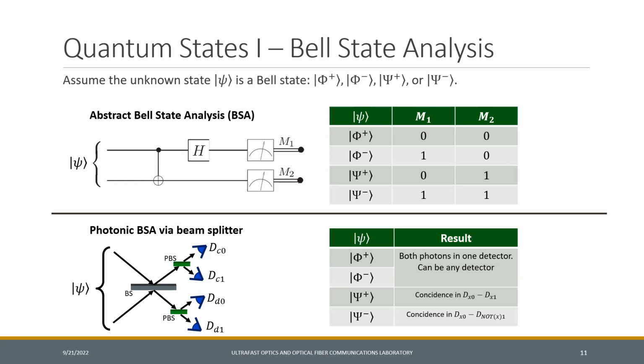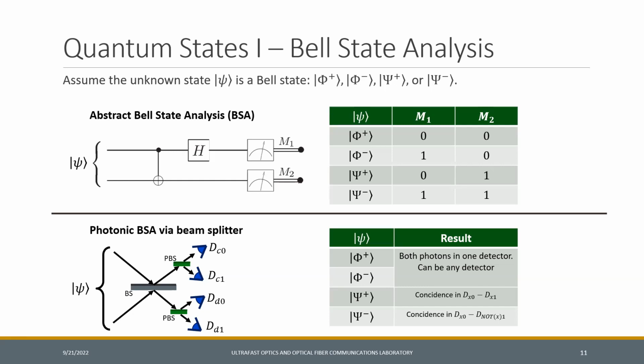If these photons are both in 0, they'll both bunch. If they're in the same state, they'll either both go this direction or both go this direction. If they're both in 0, horizontal, they might bunch and come up here. And then we have a polarizing beam splitter. Since they're both horizontal, they're both going to end up in the same detector. So anytime we have this Bell state, and the same thing will happen with 1,1, the vertical polarizations.